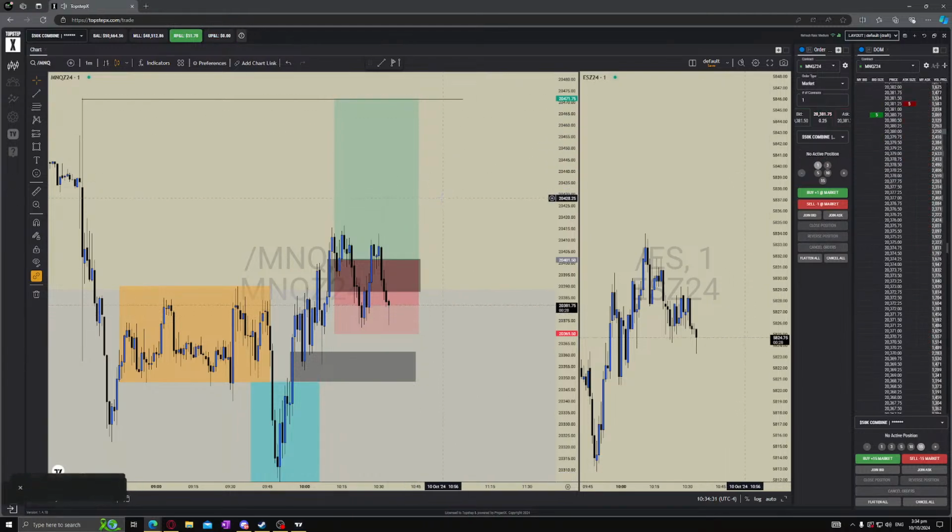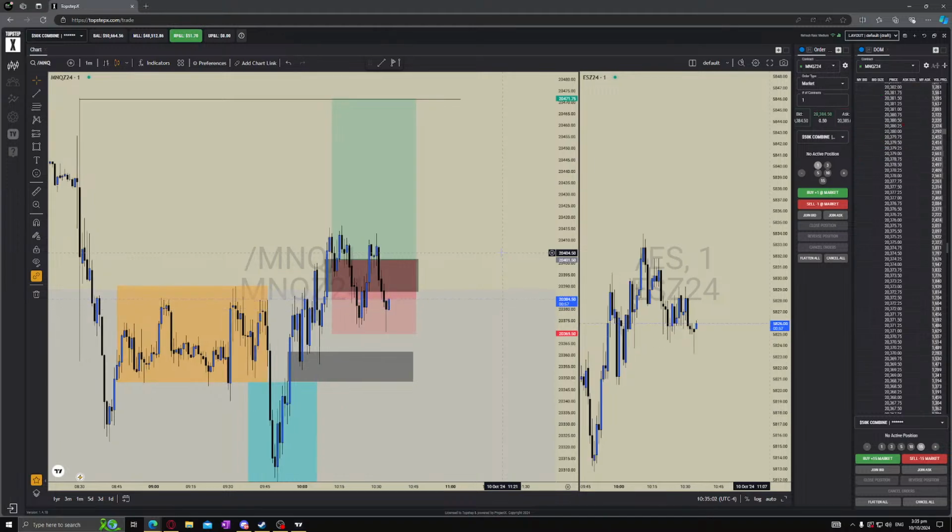There we go. Yeah, we got stopped out. Wait, what? Okay, what is that? So now we took out this internal low. Now we just wait to see what price does.